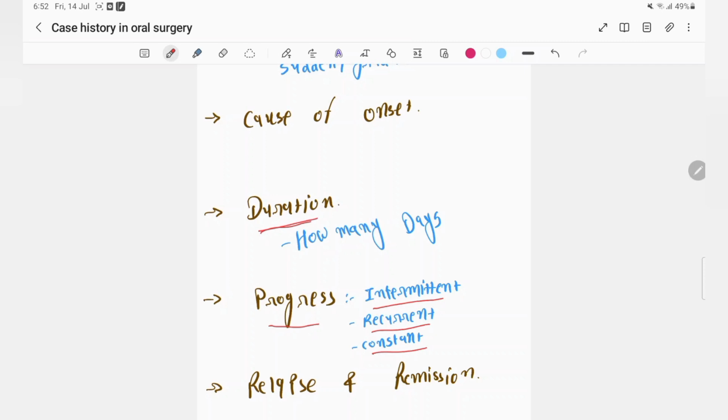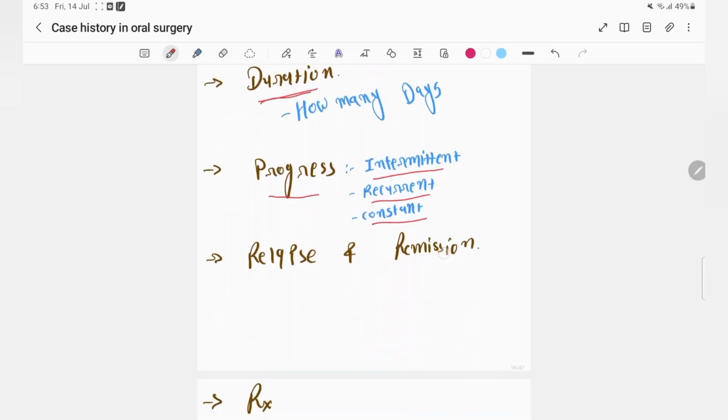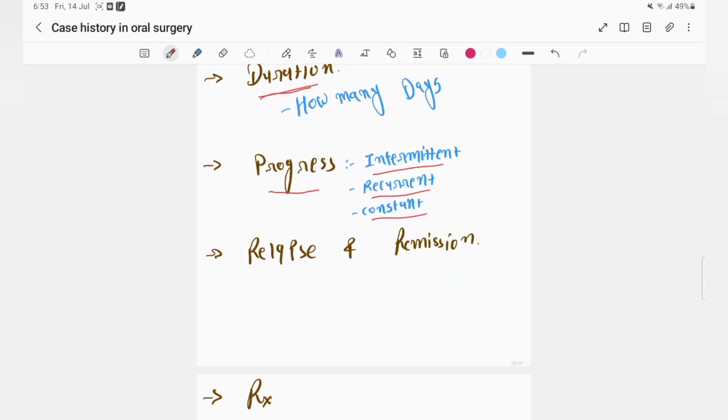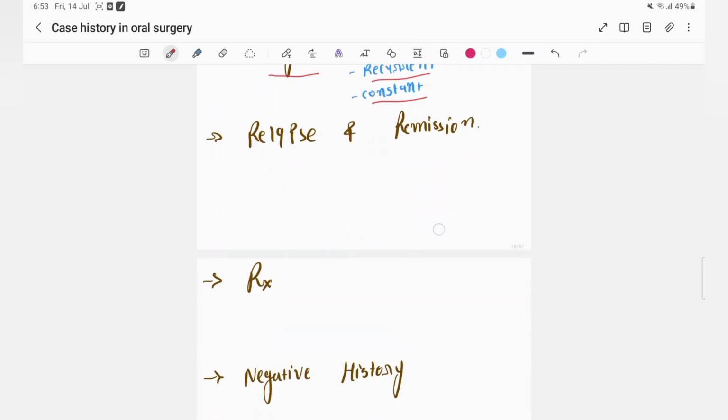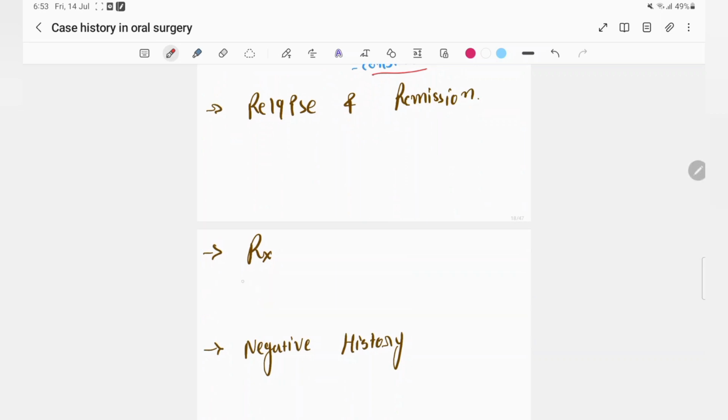That it was there in the morning but went away in the afternoon, then came back again after a little while, that is intermittent. Then what is recurrent? It was there 2 months ago, it ended, and came back. Okay, that is recurrent. Then if it is there from the start and there is pain the whole day, that is constant. Then relapse and remission. So what is relapse? That the patient has had a similar complaint in the past and then it relapses. Then we have to ask about any treatment you have done before this for the same problem.